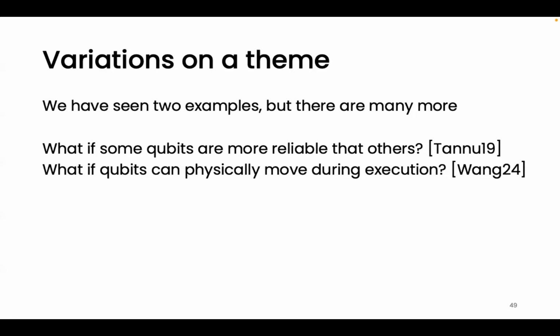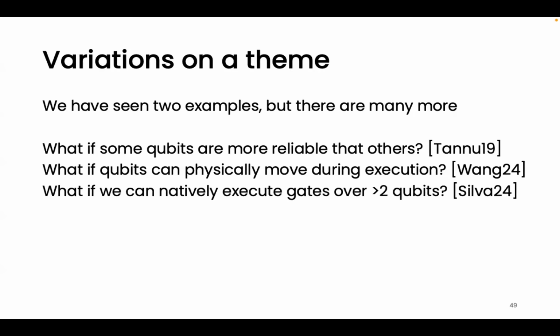In devices based on neutral atoms or trapped ions, the qubits can be picked up and moved during your computation. So that changes mapping and routing, obviously. And then what if we have some sort of native basis set that includes gates over more than two qubits? These different variants of the qubit mapping and routing problem keep showing up.